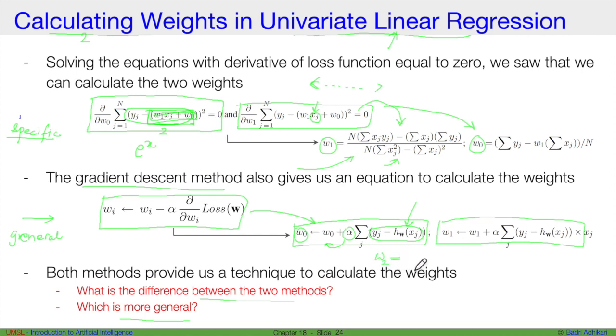I can do W2 equals W2 plus alpha, and then the sum of all items, yj minus my output of the weight function, times xj, this particular data point. So this gives me a general equation that I can easily extend to calculate the updated weight for any of the weight variables in my loss function.